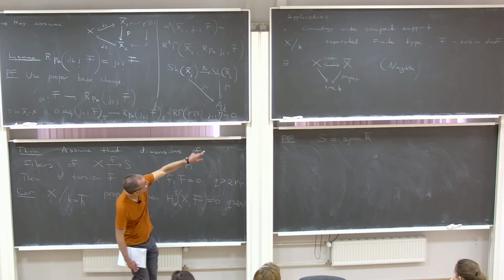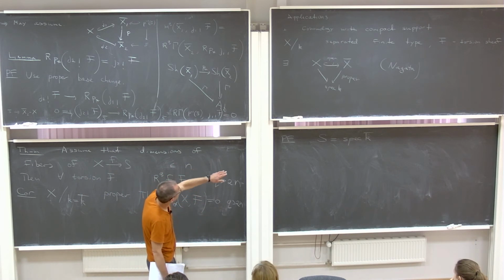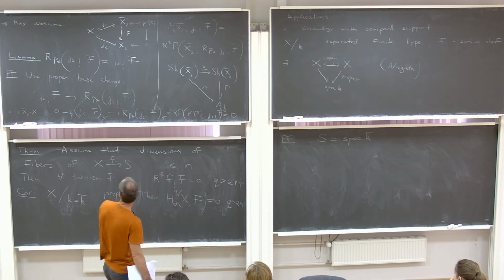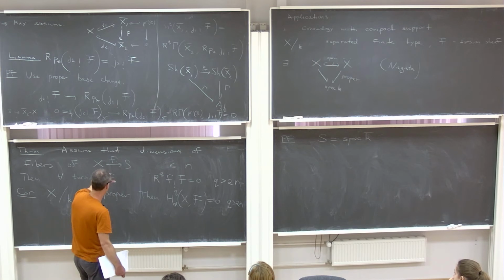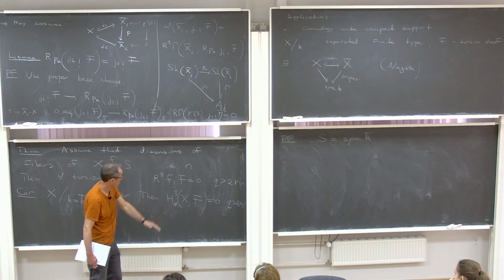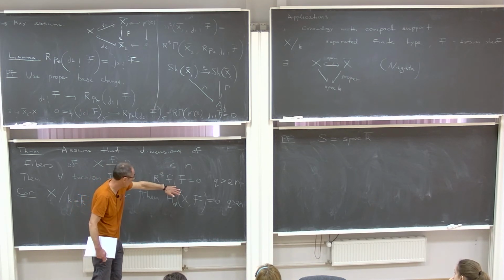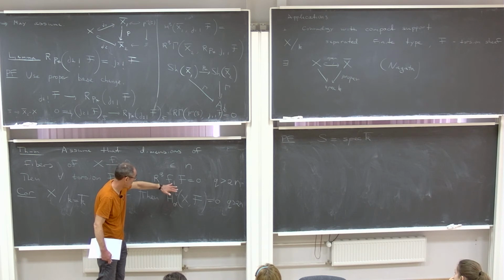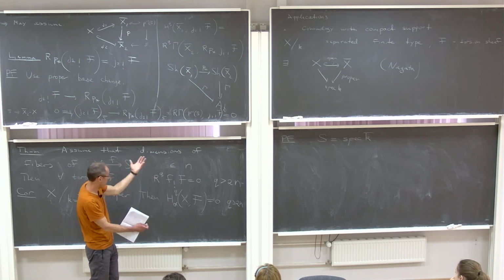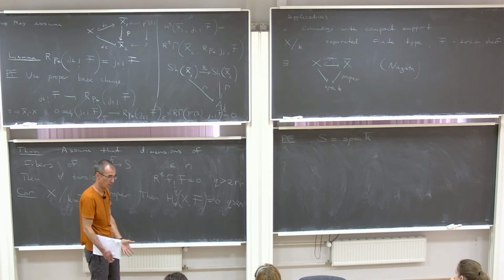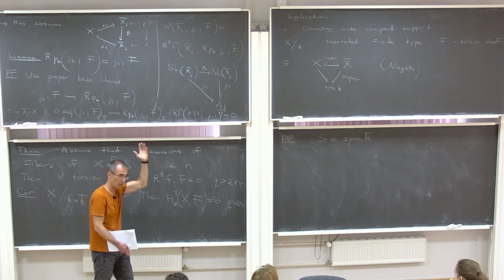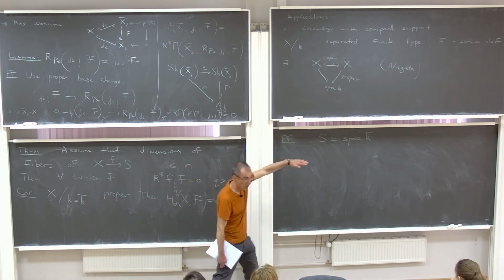And by the base change for this f lower shriek, it's the same as computing cohomology with compact support of the fibers. So we may assume this.